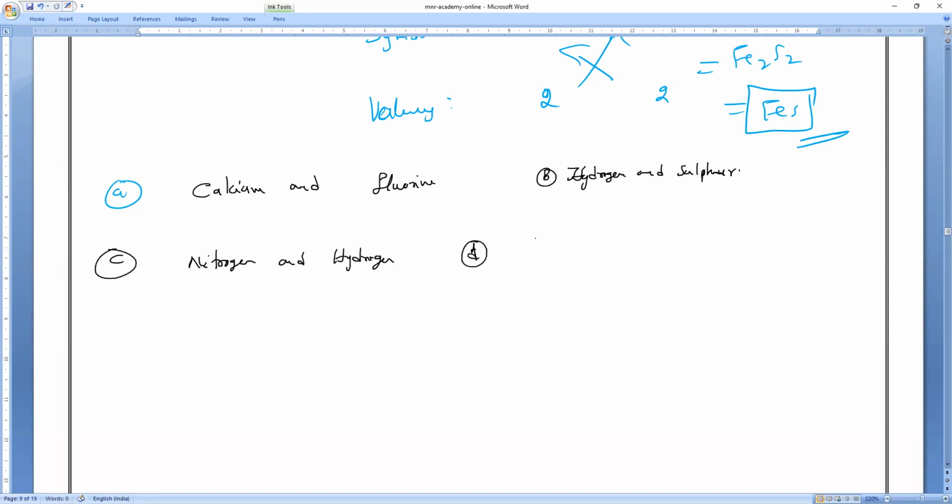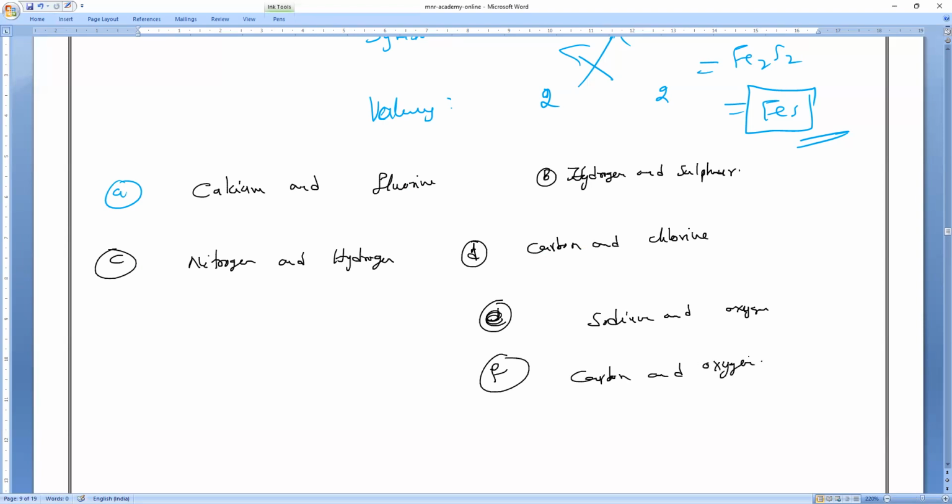Option D, carbon and chlorine. Option E, sodium and oxygen. Option F, carbon and oxygen. So these are the elements.